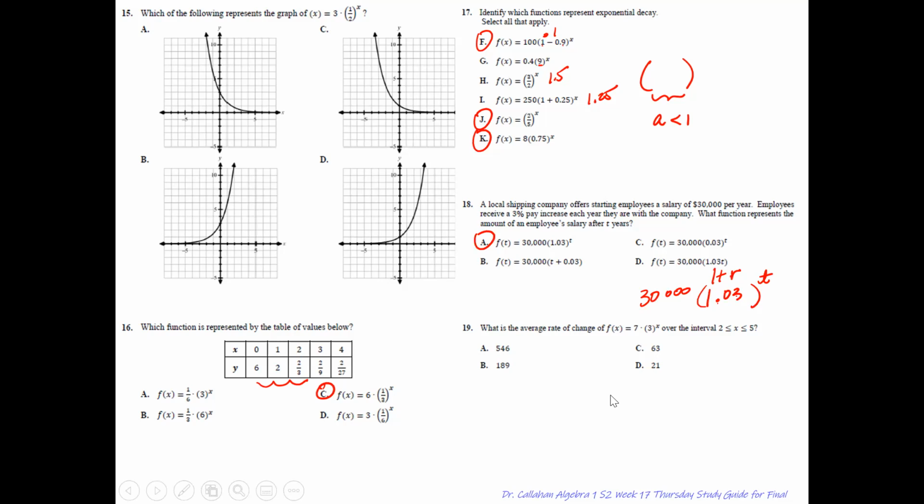What is the average rate of change over the interval of 2 to 5? You're going to do 7 times 3 to the 5th power, and then 7 times 3 to the 2nd power.